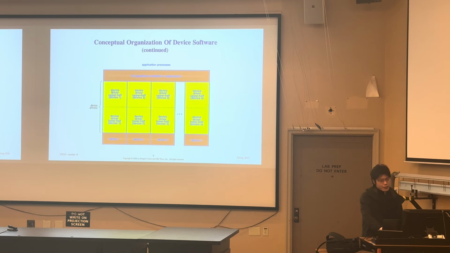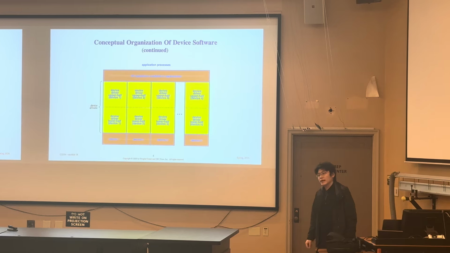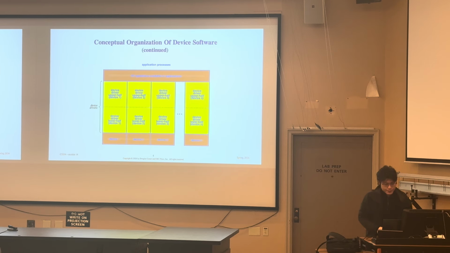And there's another set of interfaces that is triggered by the interrupt itself. The hardware interrupt triggers these interrupt handlers. They are called the lower half. Okay. So this part, the upper half, this part of the interface is to handle application requests.